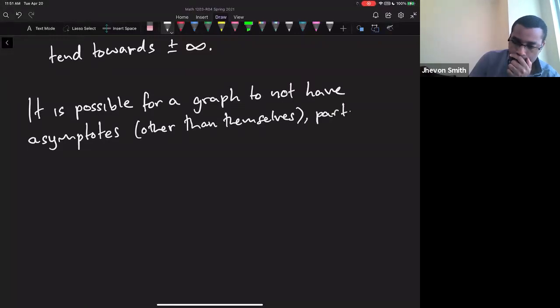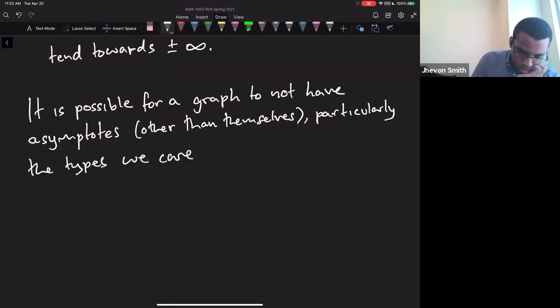Particularly the kinds we care about. So there is a huge variety of asymptotes, but there are only really two we care about.